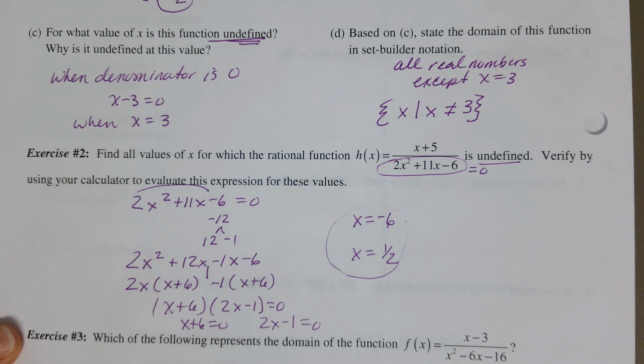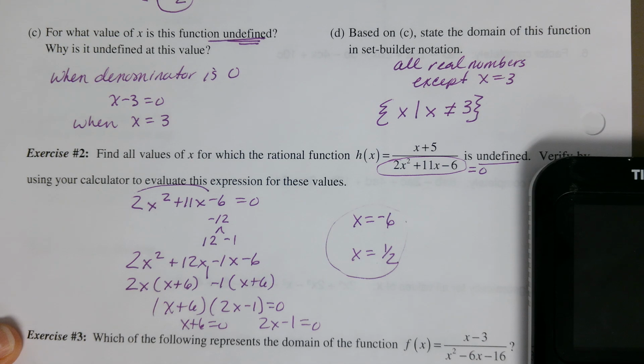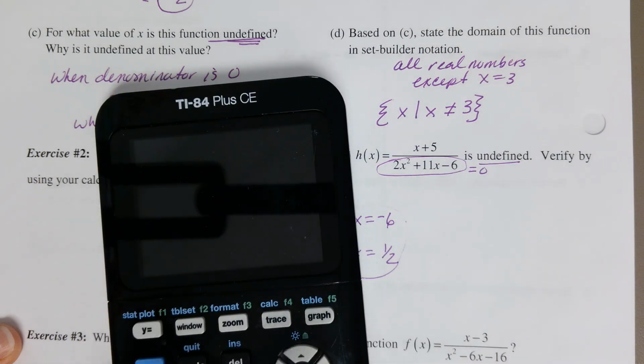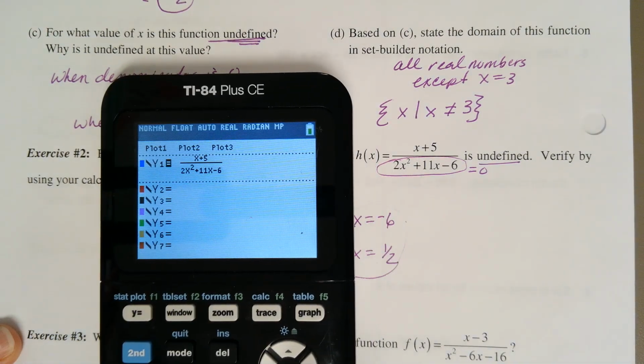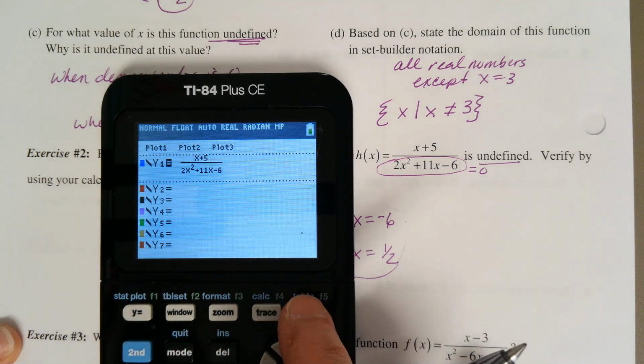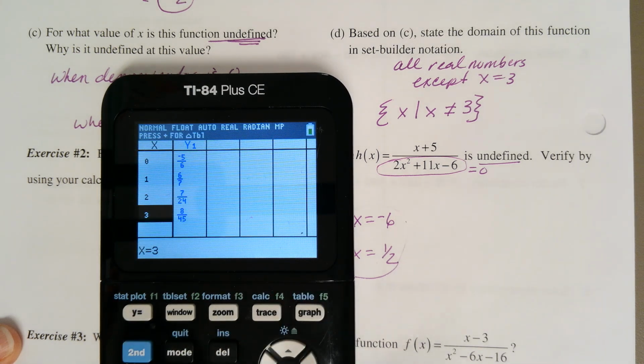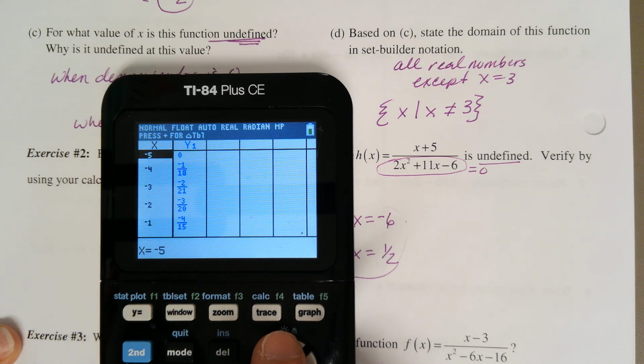Verify by using the calculator to evaluate the expression for these values. I'm just going to put it into y equals, and I have it in there already. If I look at the table of values, a value of -6 gives us an error.